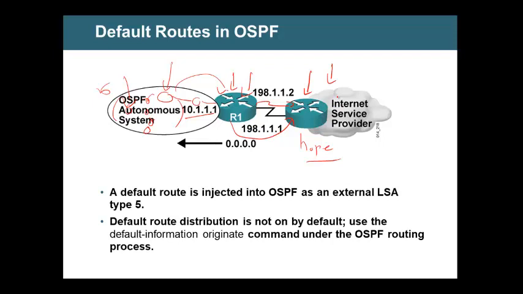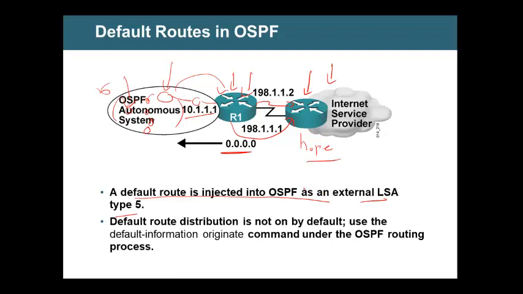For that, R1 can inject, push, or send a default route as LSA type 5. Default route injection into OSPF as an LSA type 5 can be done by typing a simple single line of command under router OSPF on R1.